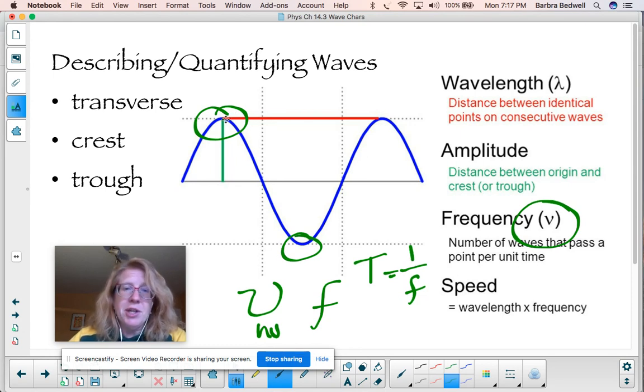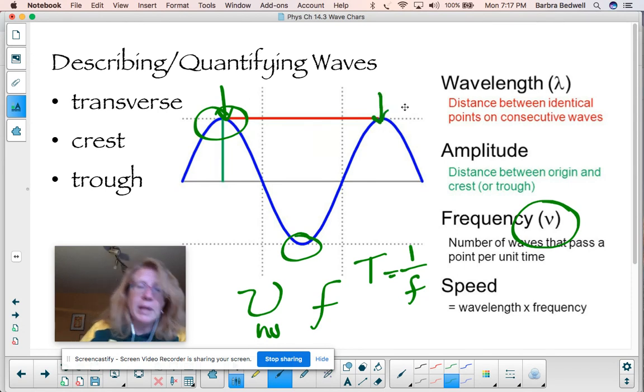Wavelength is a little bit easier. Wavelength is literally what it sounds like. How long is the wave? That's defined in a couple of different ways. One of the easiest ways is the distance from crest to crest, high spot to high spot. You can also measure a complete cycle. Here's what this looks like. It's from equilibrium through a crest, through a trough, and then back to equilibrium again.